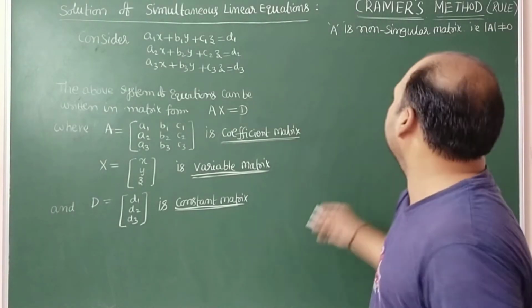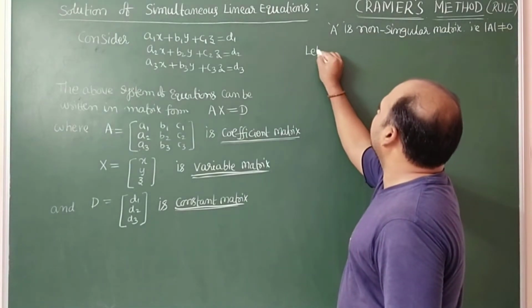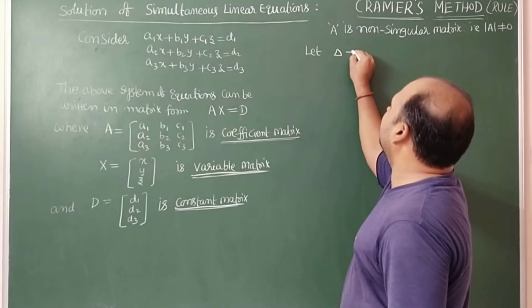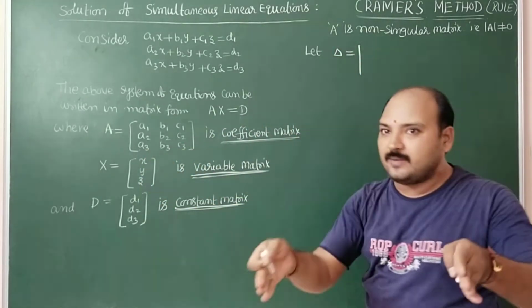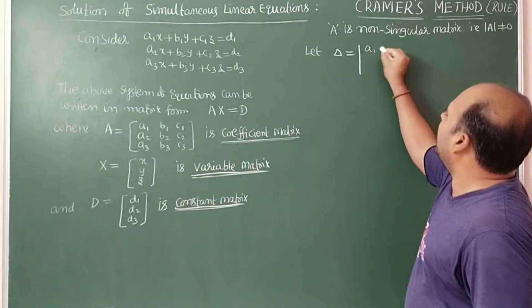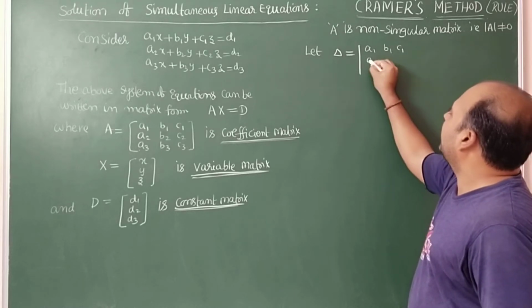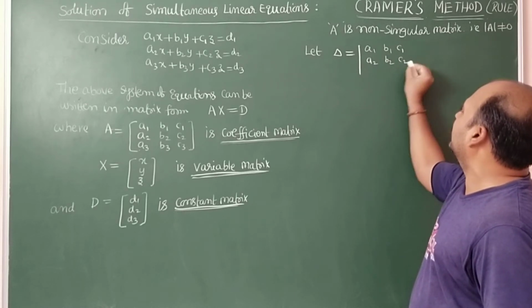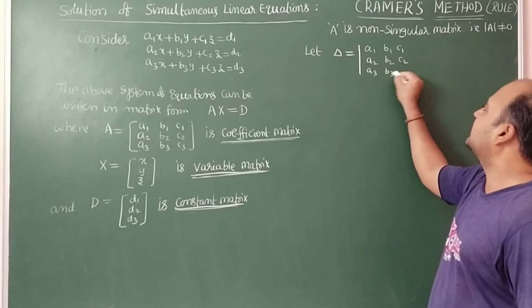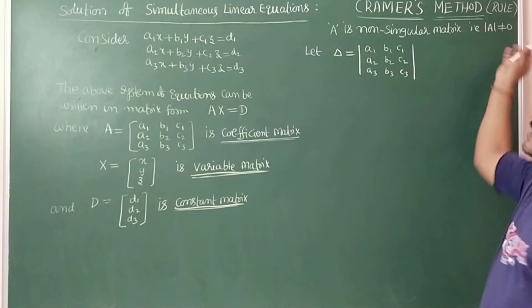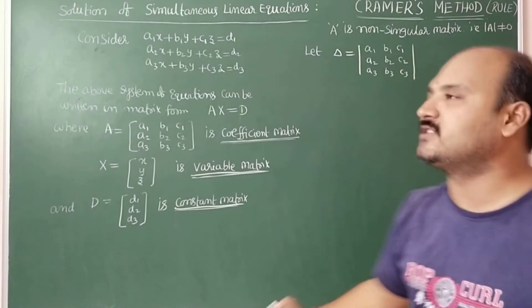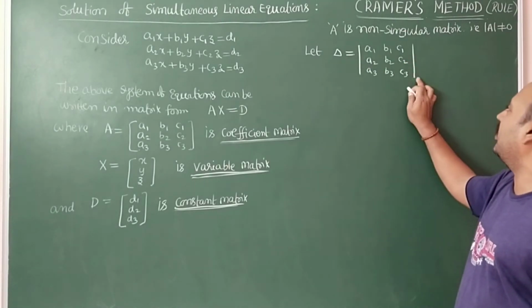Let delta be the determinant of capital A matrix. Determinant is denoted like this: a1, b1, c1, a2, b2, c2, a3, b3, c3. You have to calculate it. We already mentioned that A is a non-singular matrix, that is, determinant of A is not equal to 0.